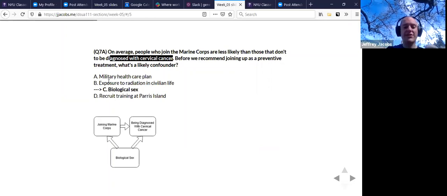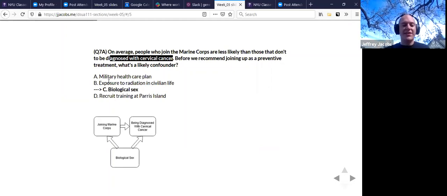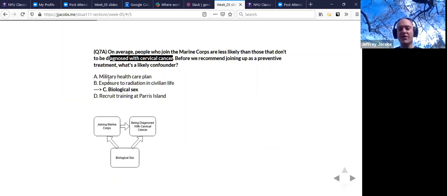Whereas for biological sex, throwing away all the complexities of what that even means, versus gender, for example, biological sex, in quotes, affects joining the Marine Corps because, I mean, back in the day, you wouldn't be able to join the Marine Corps.